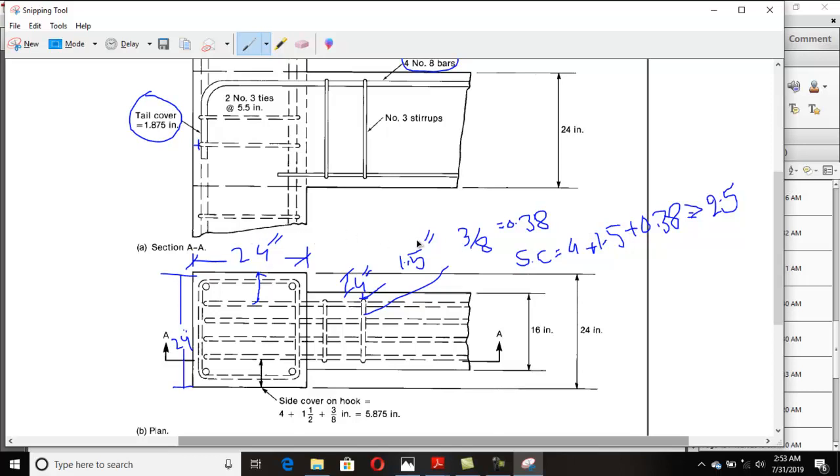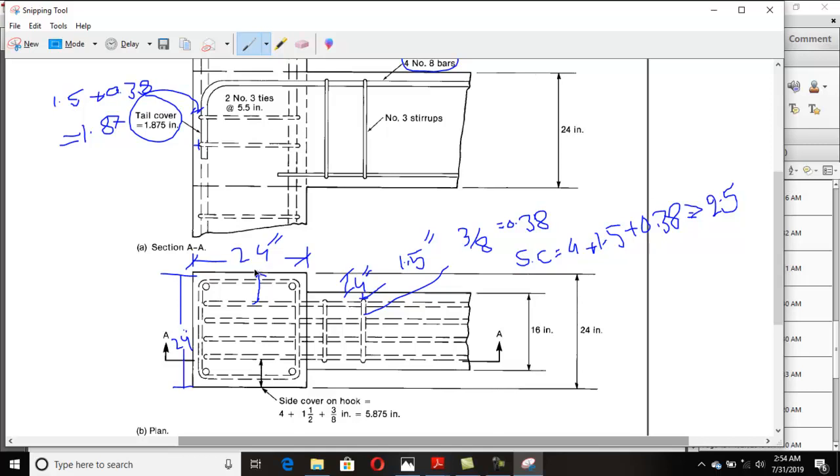This is the tail cover or extension cover, which is counted from the face of the hook to the edge, equal to 1.5 plus 0.38 for number 3 bar, and it comes out to be 1.87. Now this is a problem for us.